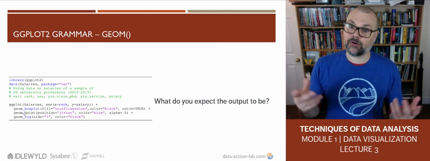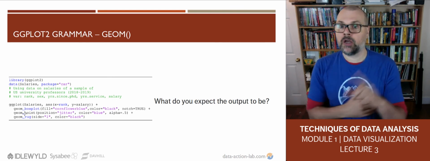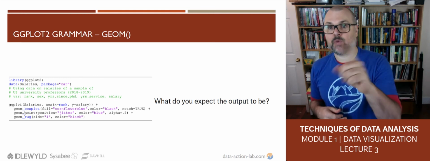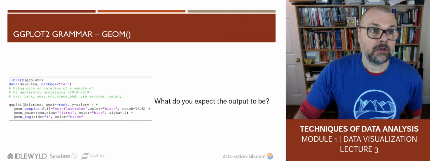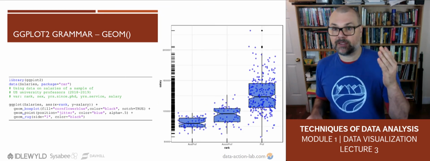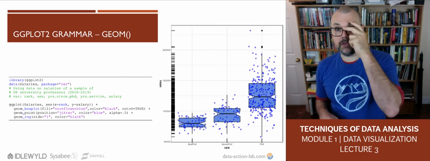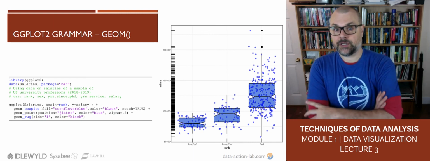And we're going to add a third geometry, which is called the rug. I won't talk about it now. We'll try to see what it looks like or where it's found in the actual display. So this is what you would expect to see by calling this ggplot call.